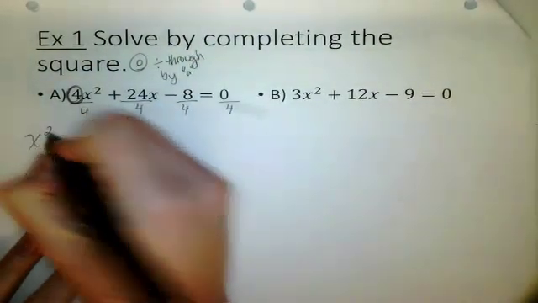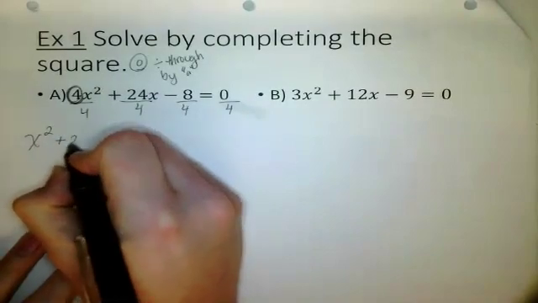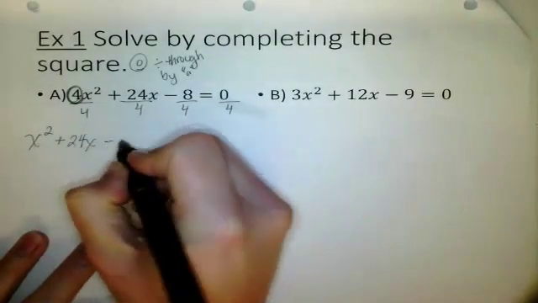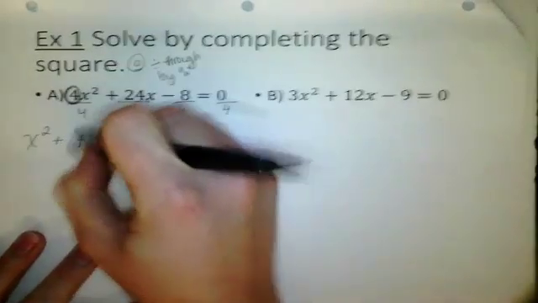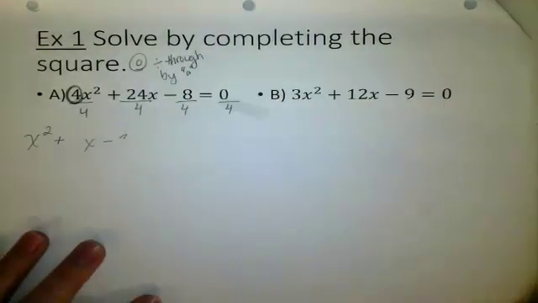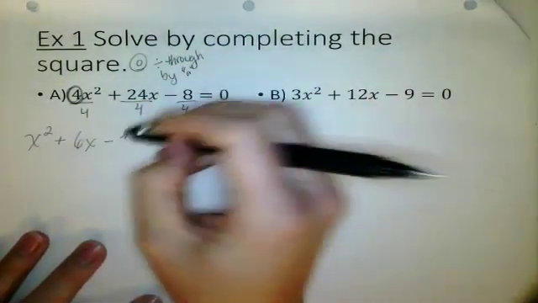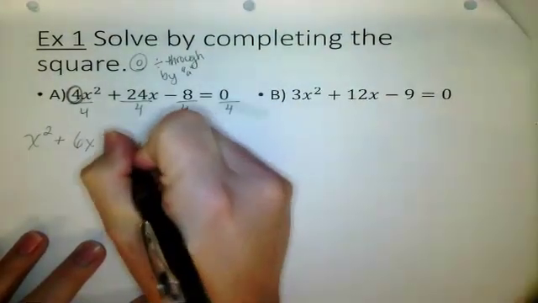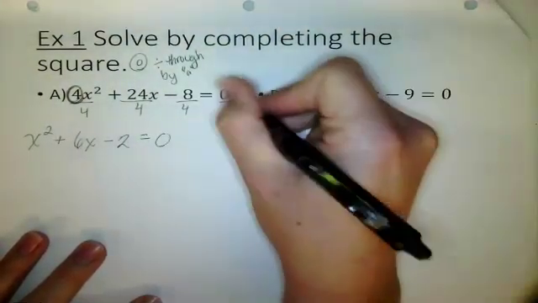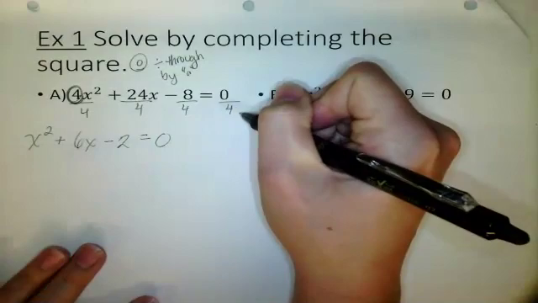Now, sometimes that's going to create some fractions. Not here. What is 24x divided by 4? 6x. There we go. And negative 8 divided by 4, negative 2. And 0 divided by any number is 0.